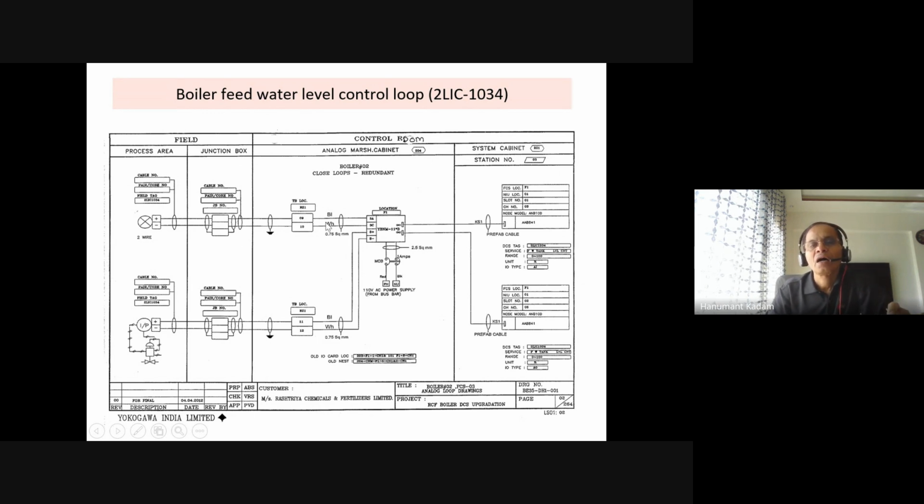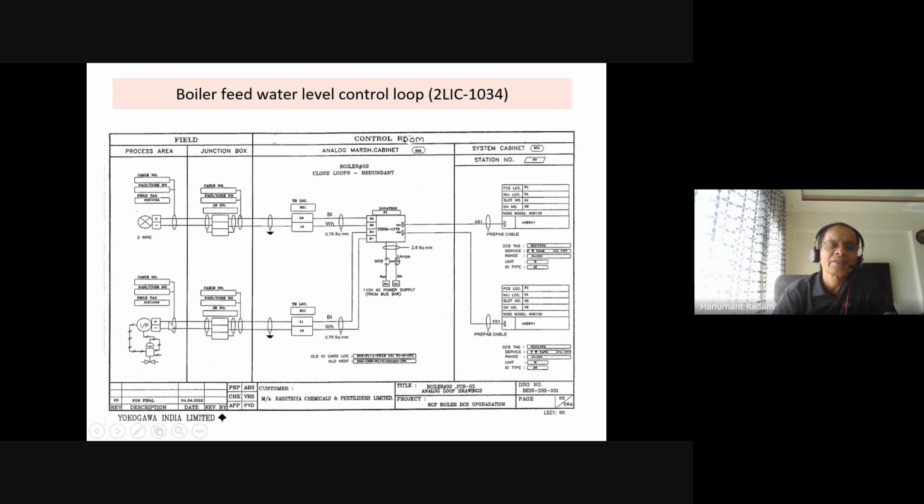Then the same is the output generated by this PID loop, routed back through the marshalling cabinet. This is the marshalling cabinet here, and through this, another output cable goes to the JB, maybe with the same cable number, because the input and output go on the same multi-pair cable, and here the number will be the same.